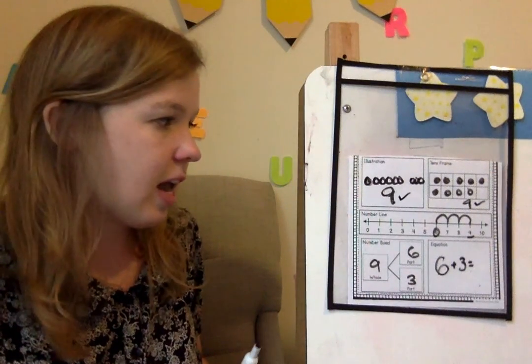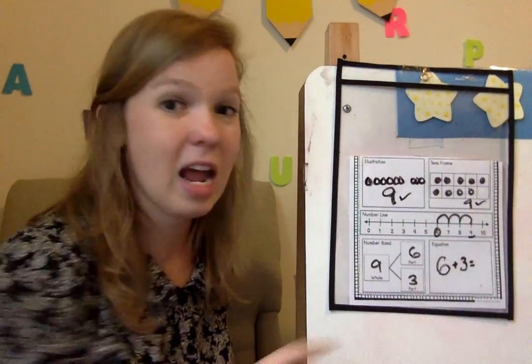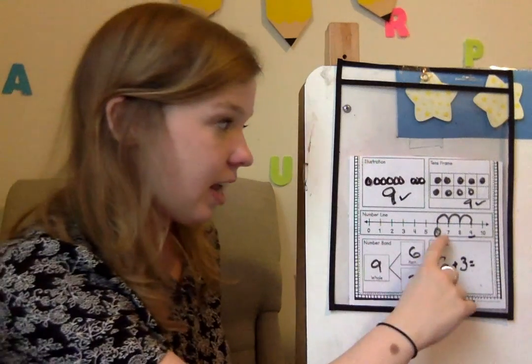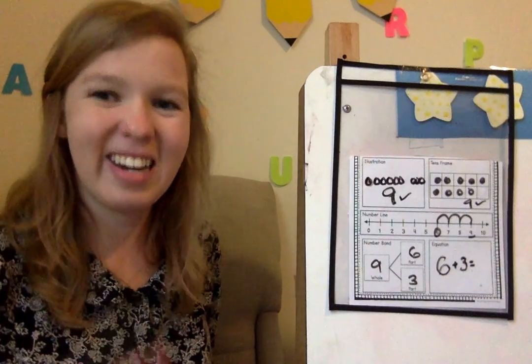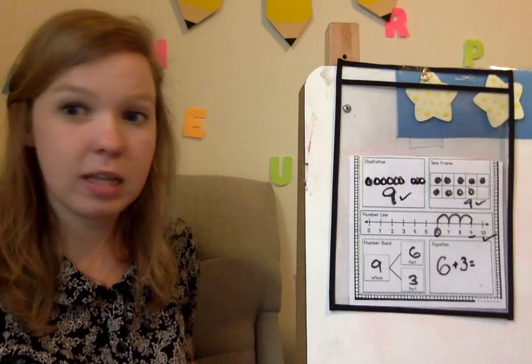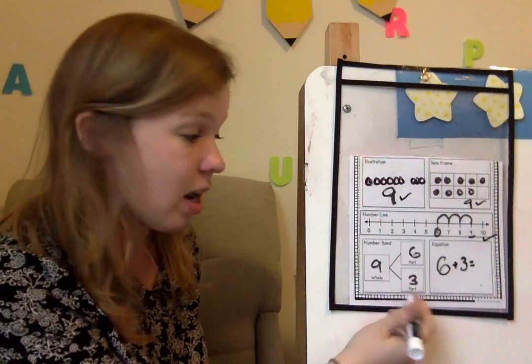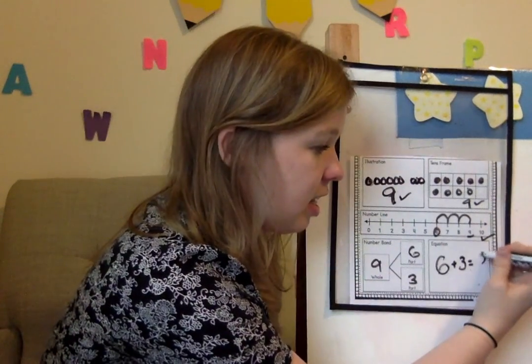Next, I did the number line, so I circled the number 6, and how many hops did I need to do for 6 plus 3? 3, good. 6, and then 1, 2, 3, and I landed on the number 9. So I can put a check mark here as well. Part whole, same thing. 6 is one part, 3 is the second part, and it comes together to equal 9. Good, so our answer is 9.